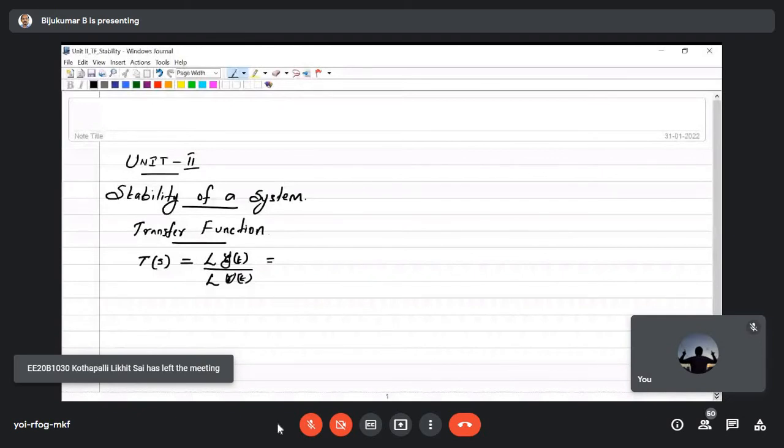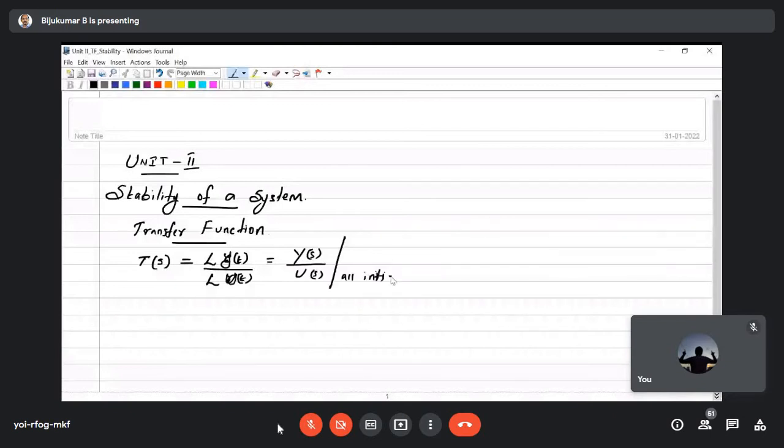So we can write y of s divided by u of s, keeping all initial conditions 0, right? Then for a mass spring damper system, we have derived the transfer function, right?